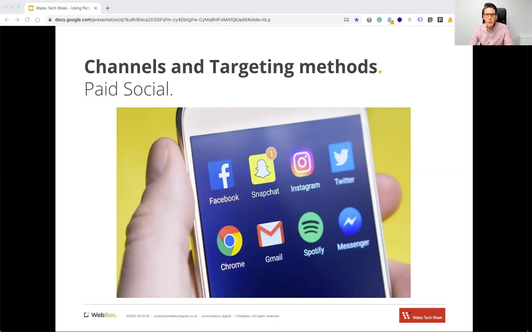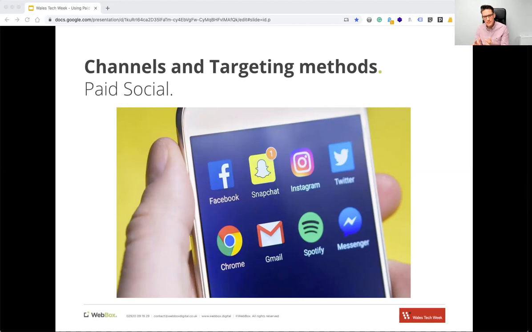But if you're a B2B organization looking to target managing directors of companies in the UK that have more than 1,000 staff, then actually LinkedIn would probably be the best place to start. So understand your audience, which will in turn allow you to choose the best social media channel for you. But you don't need to be limited to one, of course. You can run campaigns across many.